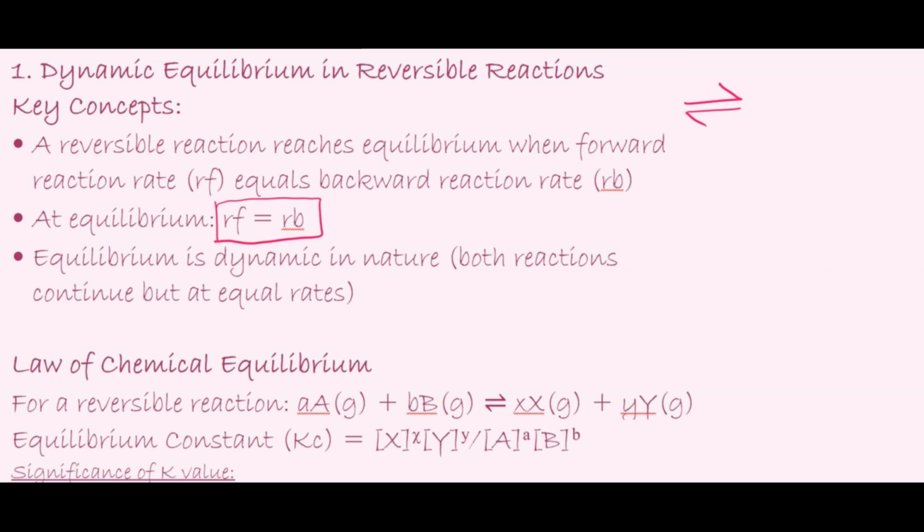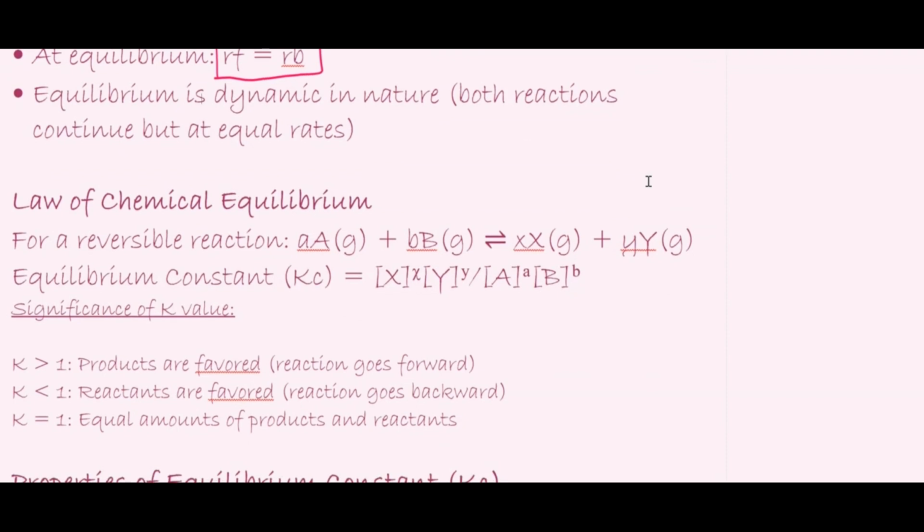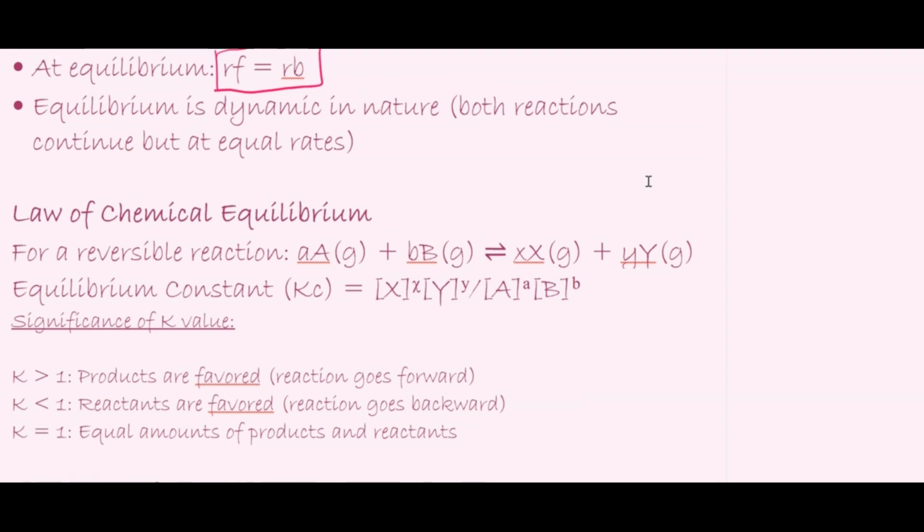So let's get into some interesting stuff about equilibrium, and then we'll move on to the factors affecting equilibrium. First of all, there is the law of chemical equilibrium which talks about the equilibrium constant. What is the equilibrium constant?